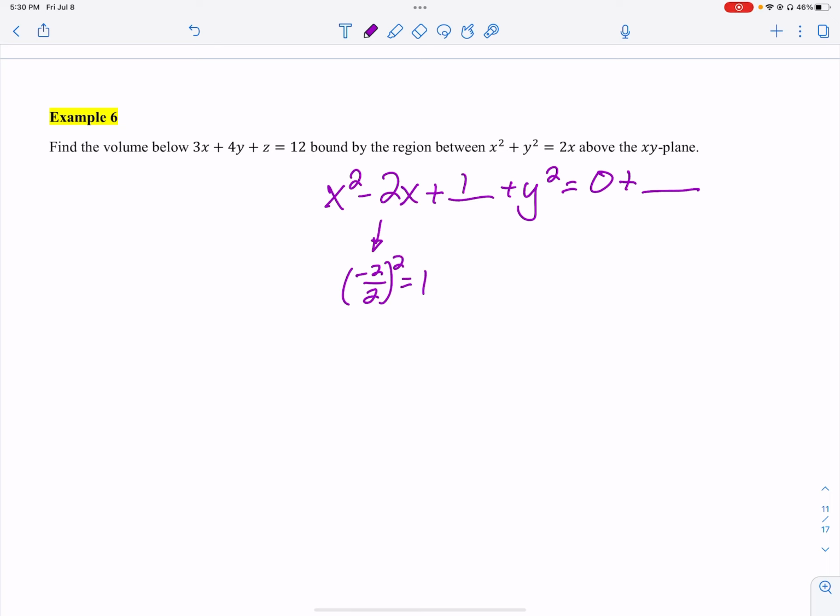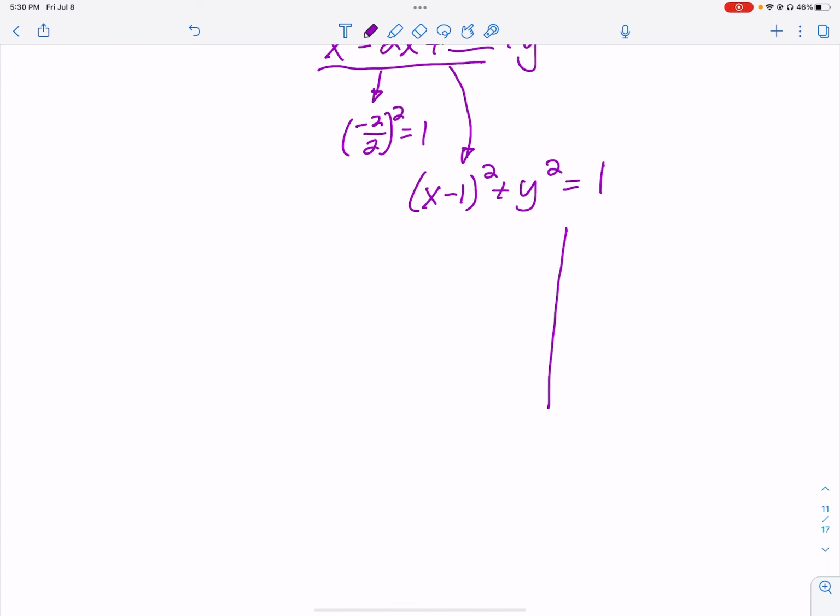It's going to be 1. This whole thing I just underlined factors, which is the whole point of doing this, to x minus 1 squared. That's just old college algebra. This is a circle with a radius of 1, shifted right 1.